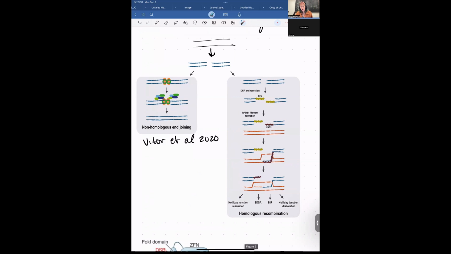This is what's called a Holliday junction, where this homology, in red, they're showing the homologous chromosome, and that single-stranded DNA that resulted from the double-stranded break leads to repair based off of the sequence of the homologous chromosome. So this is a way that the cell can fix a break based off of the sequence of the homologous chromosome, which is much more accurate and is less likely to cause short insertions or deletions.